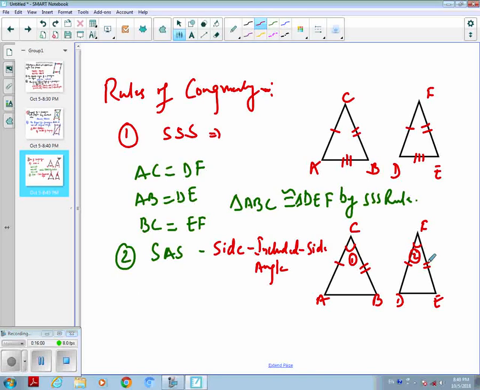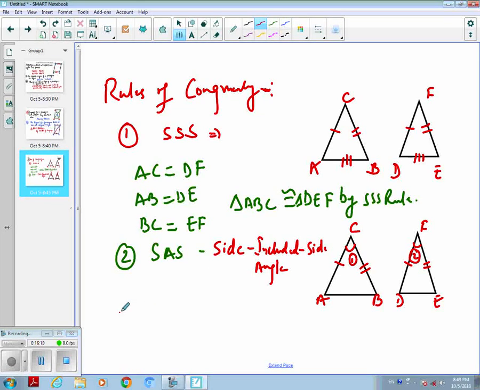Just remember, the angle must be included in between the two sides. It should be in between. Only then this rule is applicable, otherwise not. So both these triangles are congruent by SAS rule of congruency.